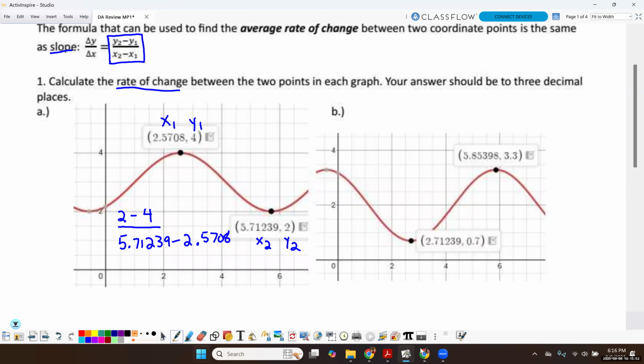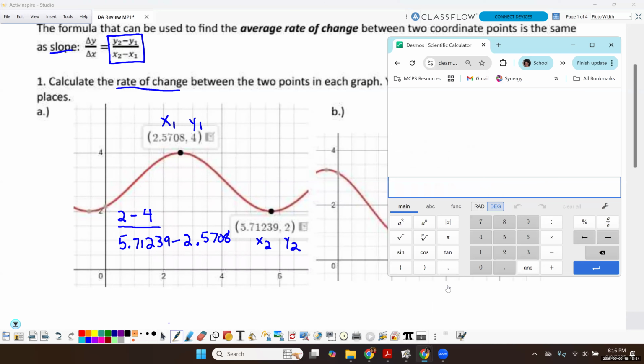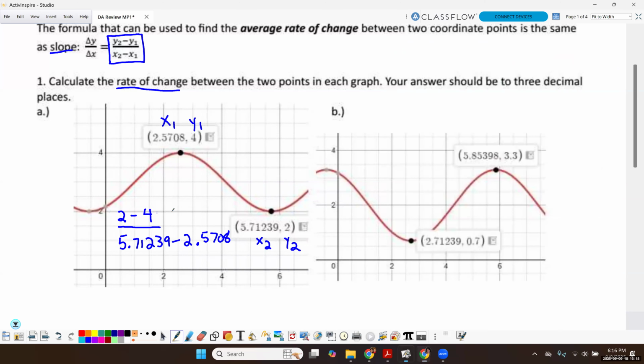So I'm going to grab my calculator. I know the numerator is just -2. Now the denominator: 5.239 minus 81, oops, 708. Okay, now I know the numerator is just -2.